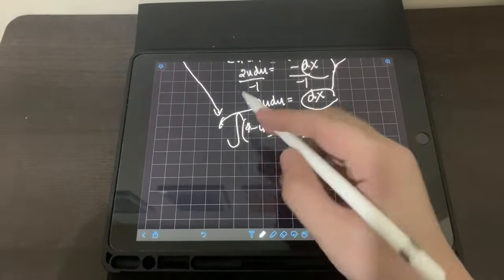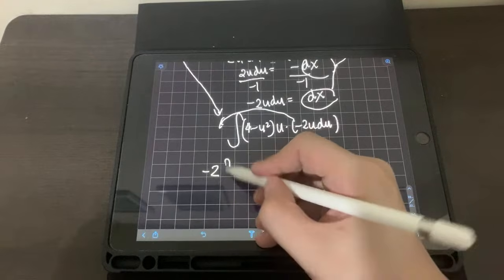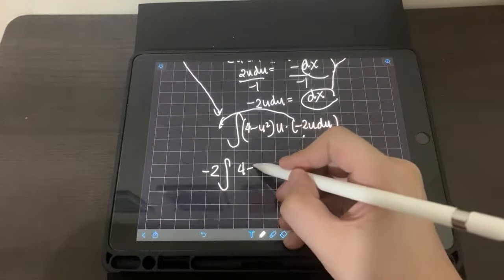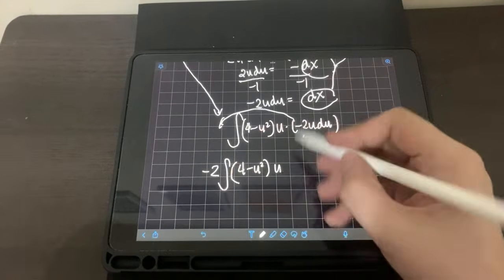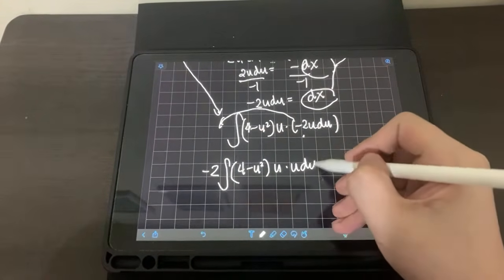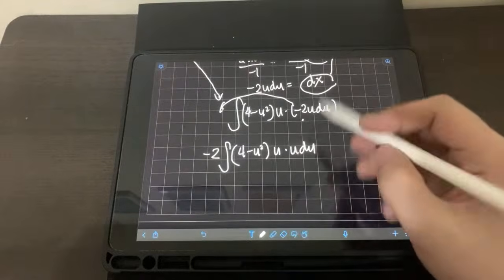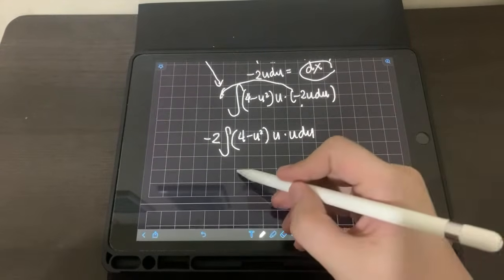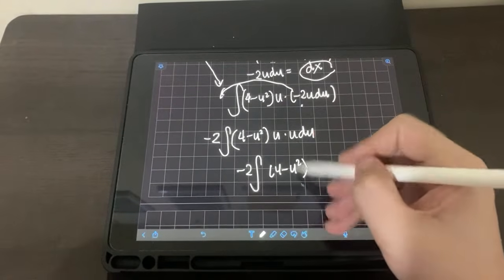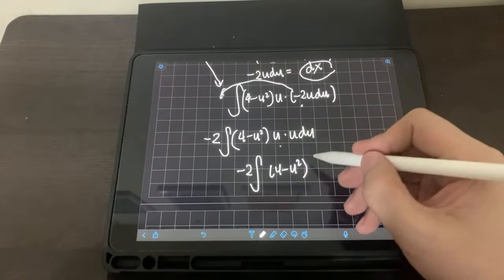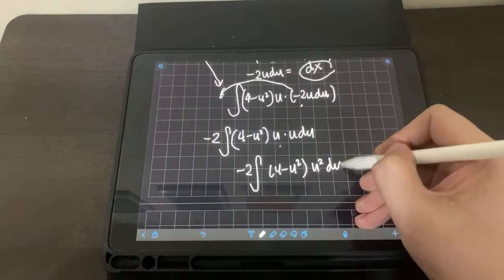Set it aside, so it will be negative 2 integral of 4 minus u squared times u du. Okay? So multiply, simplify. So negative 2 integral of 4 minus u squared, u times u squared, right? Du.